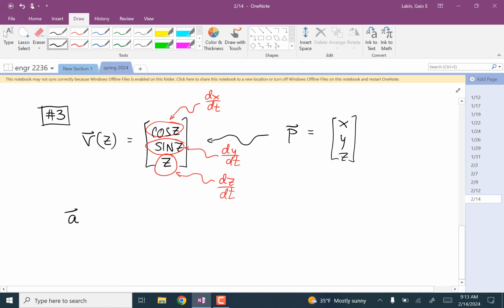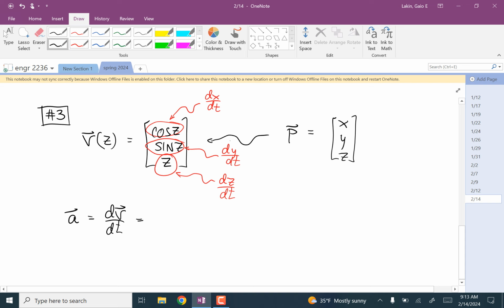The acceleration as a function of z, well, let me just write it generally first, and then we'll think about what's functions of what. This is going to be dv dt. Okay, that's the definition of the acceleration.